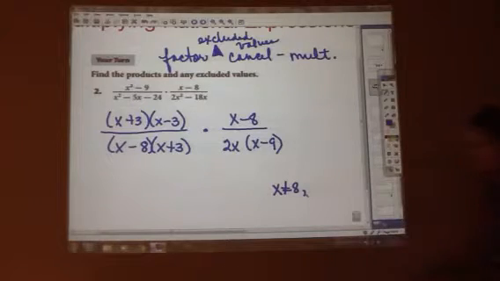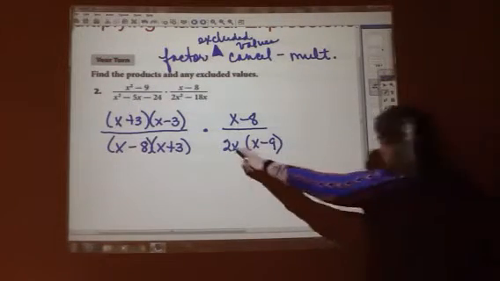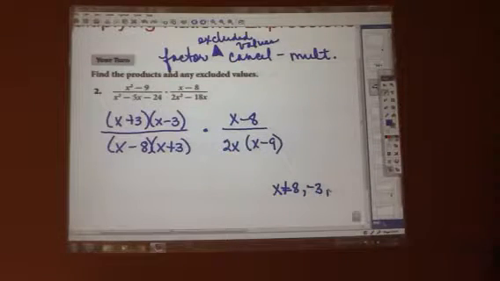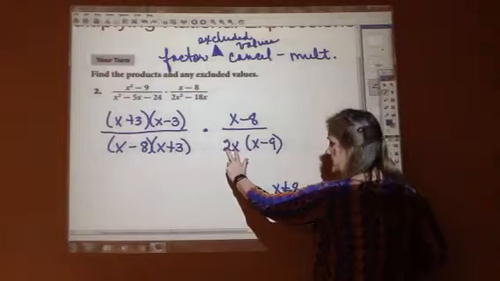Negative 3. This one right here? 0. And then the last one, 9. Those are my excluded values. You must do that before you start canceling stuff. Where'd you get 0? Because I said 2x equals 0 right here.